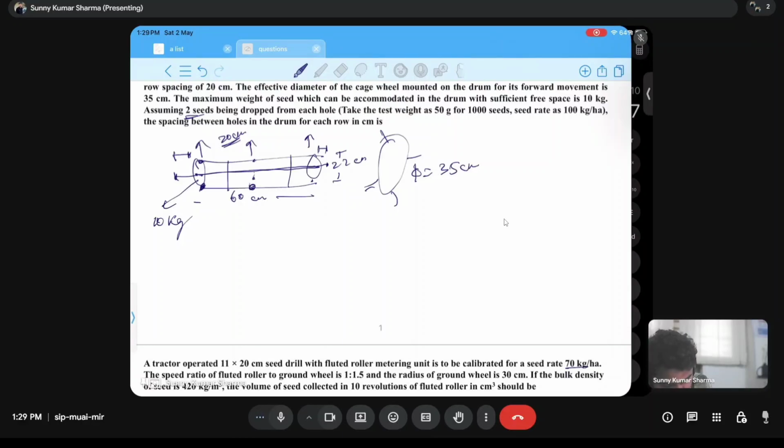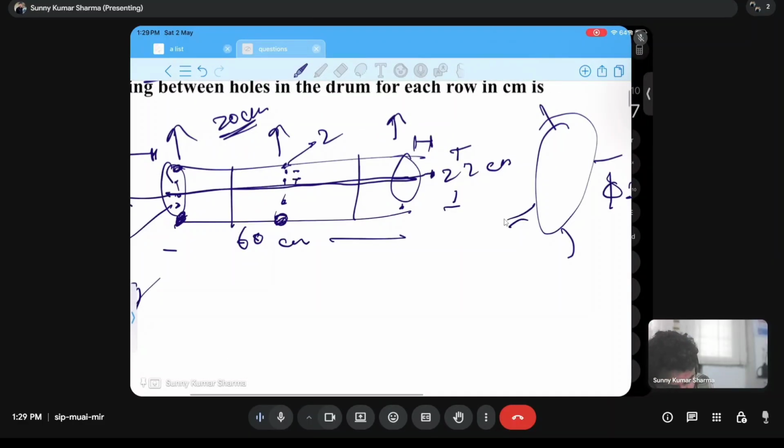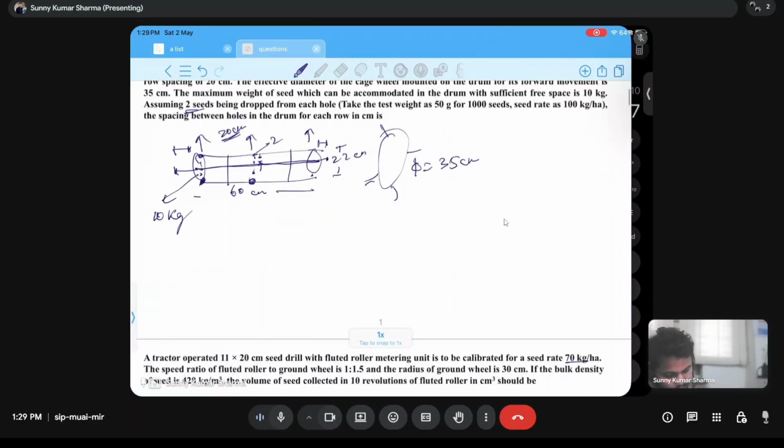Means at this row, from each hole, 2 seeds are being dropped. Now the holes which I have made here, we need to find the spacing between those. So how will we approach this problem?